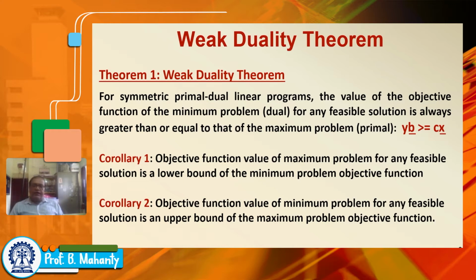Usually, supposing there is a particular problem and we cannot find its solution straight away. But there could be a quick way of finding the lower bound or the upper bound, which is going to help us in some way.